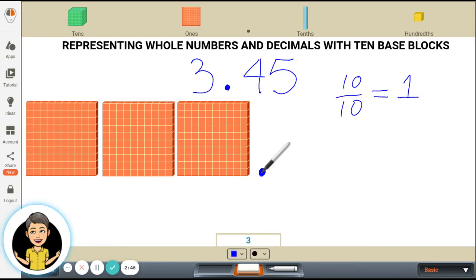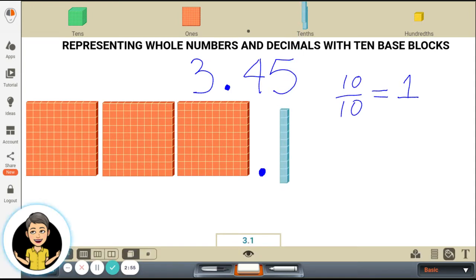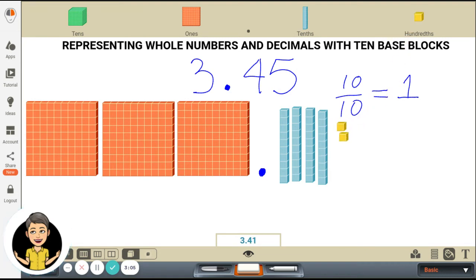On this decimal, we notice that digit 4 is in the tens place. That means that we need 4 bars of 10 for tens, and then we need 5 hundredths. So this is the way you represent 3 wholes and 45 hundredths using base 10 blocks.